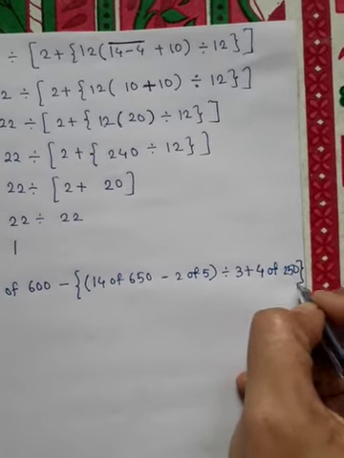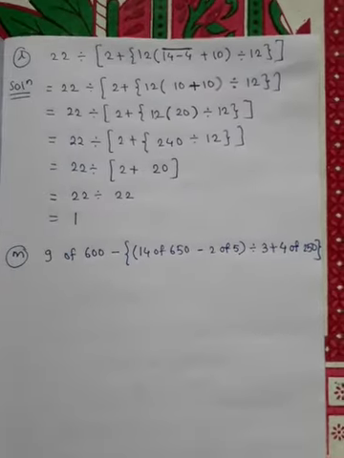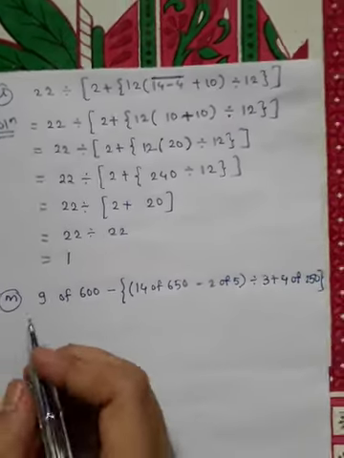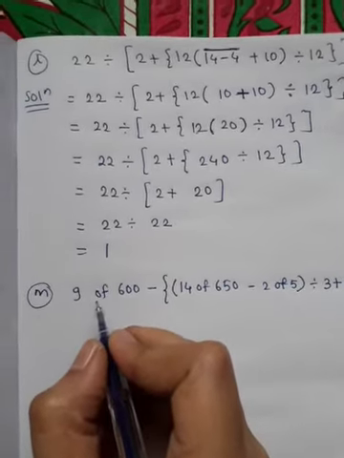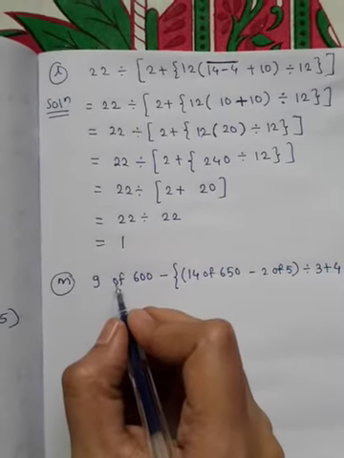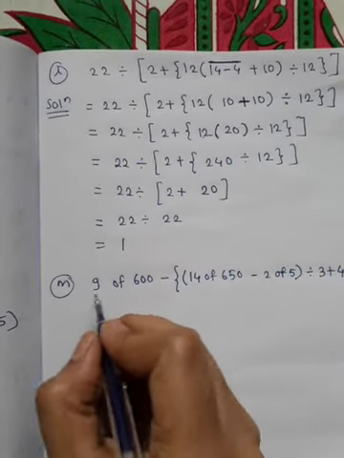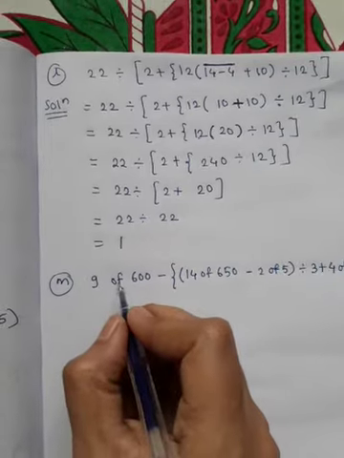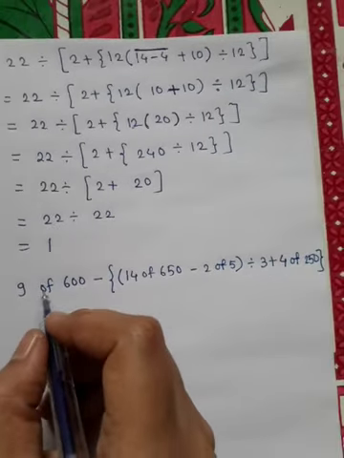Okay, curly bracket completed. So see, there is one more thing added, of. So we know the meaning of of. Whenever there is of between two numbers, we just multiply those two numbers. Meaning of of is multiplication.